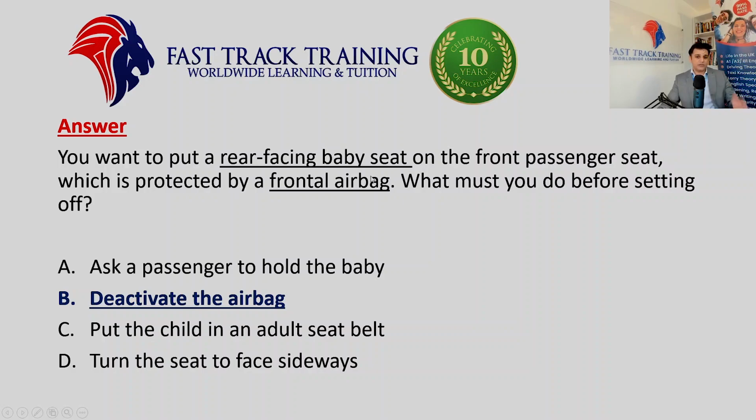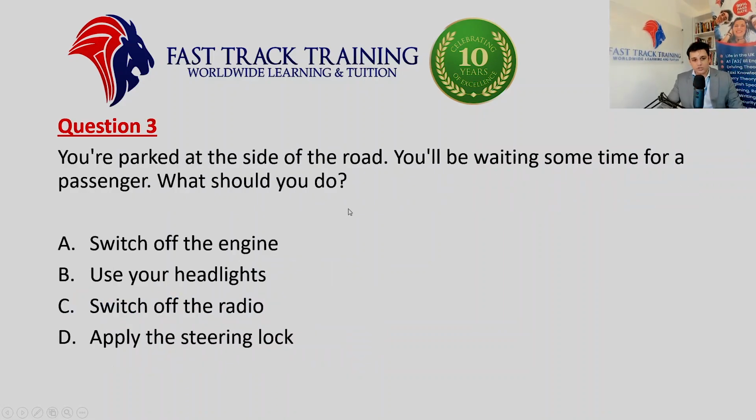So a rear-facing baby seat in the front passenger side means that if the airbag opens, it will hit the baby's face. So you need to deactivate. Deactivate means stop. So you put your key into the side of the glove compartment where the airbag is and turn it, and it will turn off the airbag. There's loads of videos on YouTube on how to do that. I encourage you to look at some.